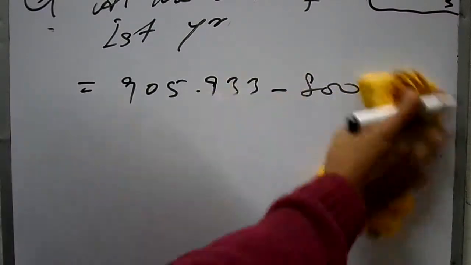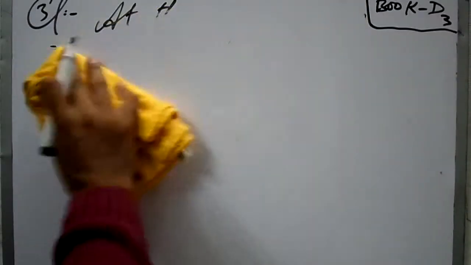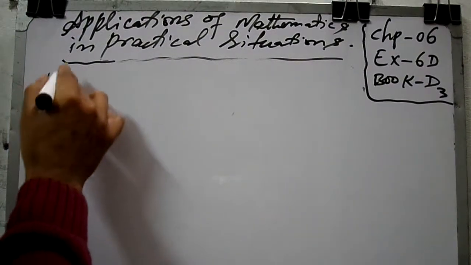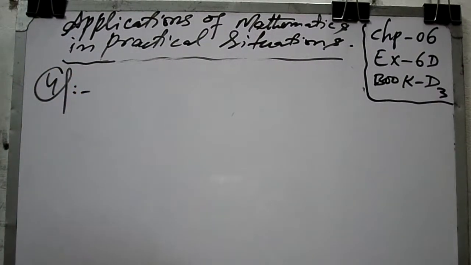Similarly, question number 4, the last question of this exercise. Mr. Sim invests $9,000 at 2% per annum compound interest, compounded daily. What is the amount at the end of the third day?